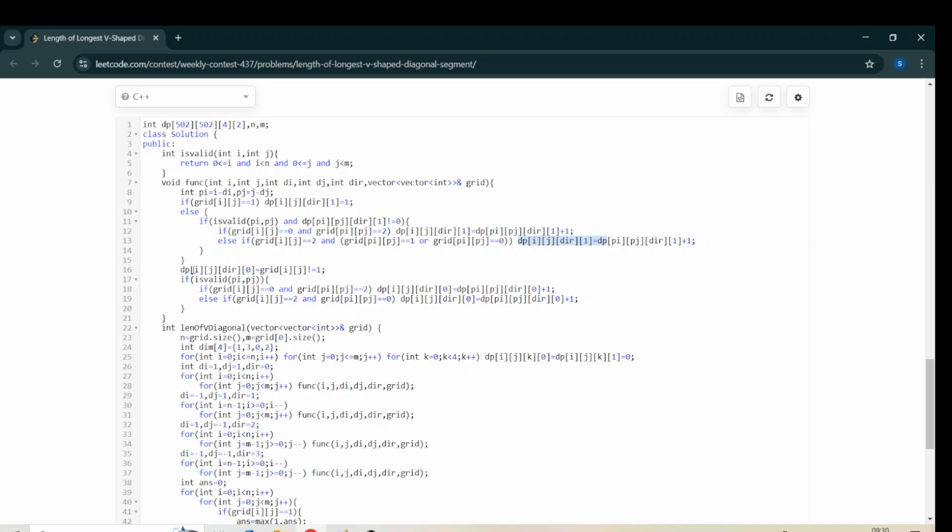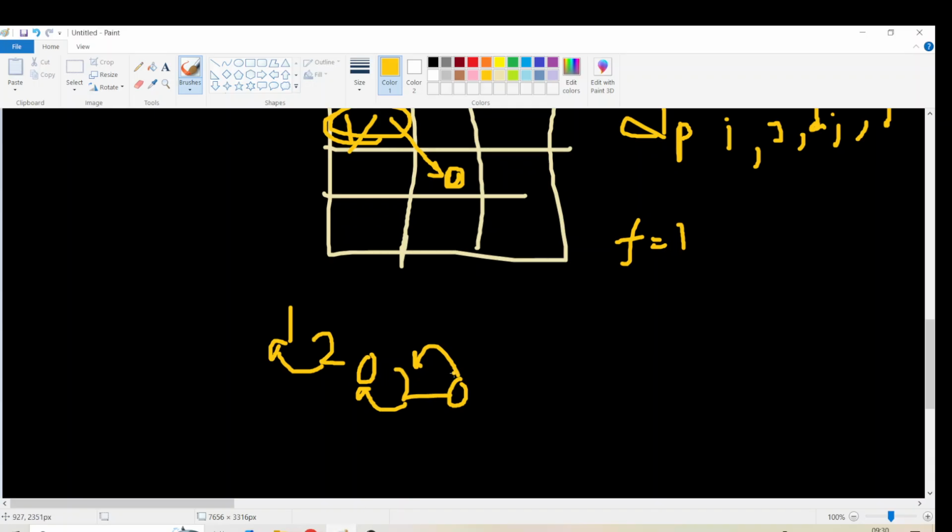Now here comes direction 0. For direction 0, we initialize it with 1 if the grid ij value is not 1. Similarly to the above condition, we check if the previous cell is valid, and here we check that if the current cell value is 0, the previous value will be 2.